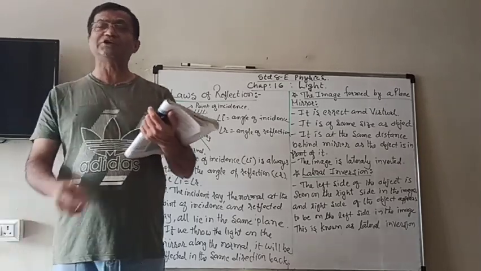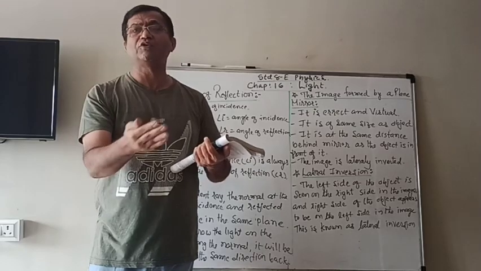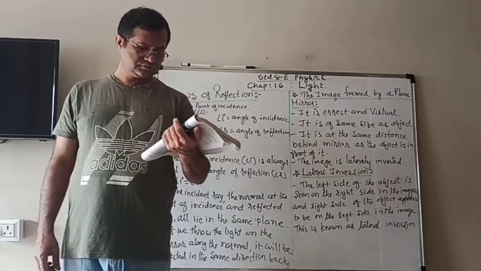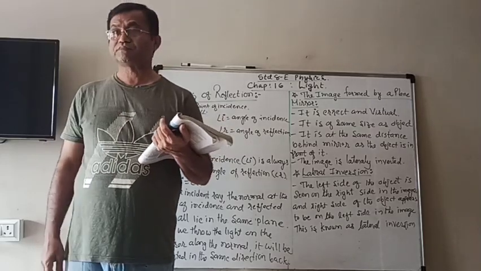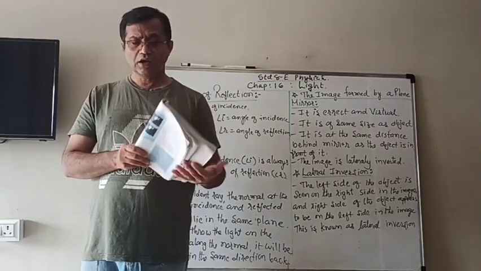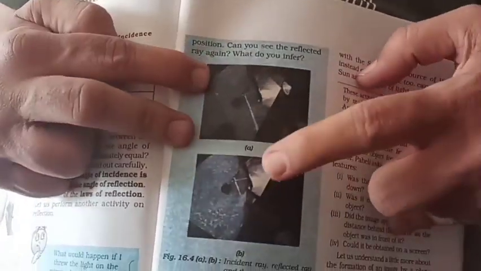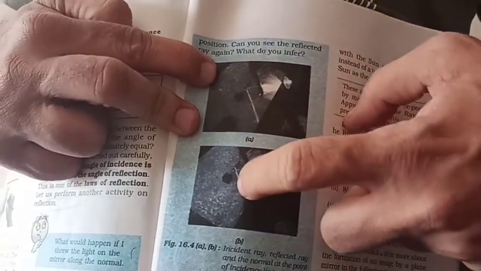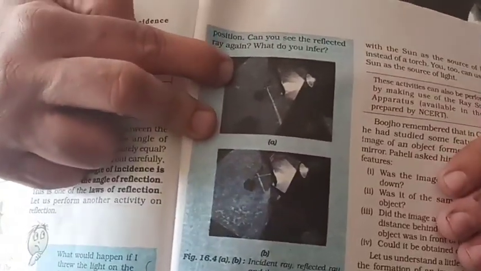You will not be able to see the reflected ray because the screen is moved from that portion, and therefore the reflected ray is not visible because it is not in the same plane. Here the figure is also shown, but it's not so clear. Maybe in your textbook it is clear. Here you can see the reflected ray, but here the paper is bent and therefore the reflected ray is not visible.